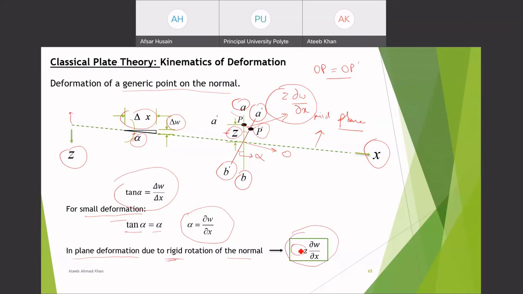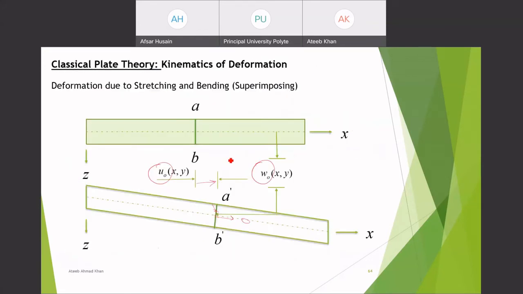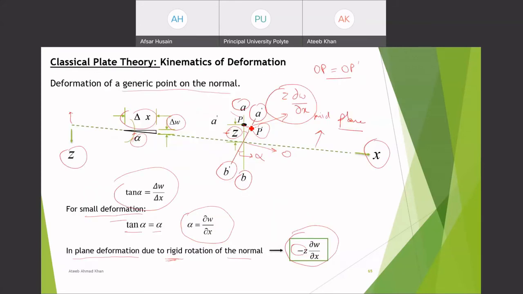So the in-plane deformation due to rigid rotation of the normal will be equal to minus Z del W upon del X. Now, obviously, there were two types of deformation, stretching as well as this deformation, which will also be added in the case of X. If we are talking about the region above the midplane, this amount will be added to U naught for the displacement in X direction.